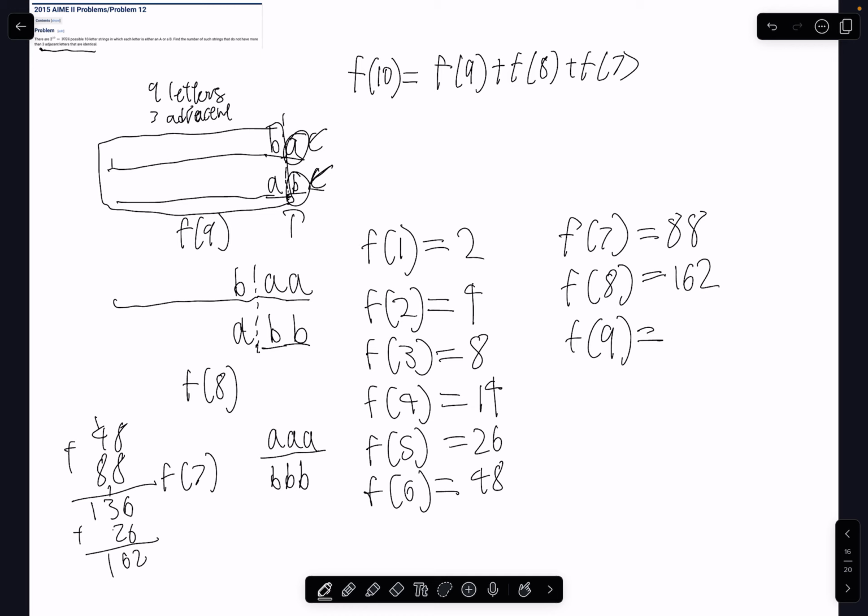So that's 48 plus 88 is 136 plus 162, that's 298. So f of 10 is now going to be the sum of all of these. So that's going to be 162 plus 88 plus 298.